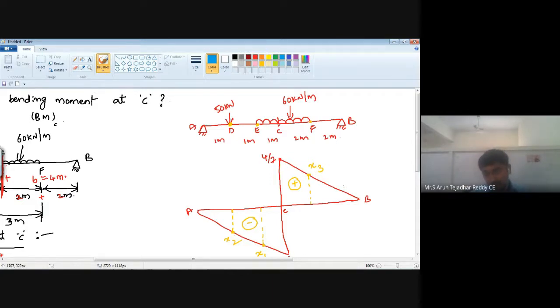So in this C to B, the bigger triangle is sky blue color. Now here, give the spans: 1 meter, 1 meter, 1 meter, 2 meter, 2 meter.